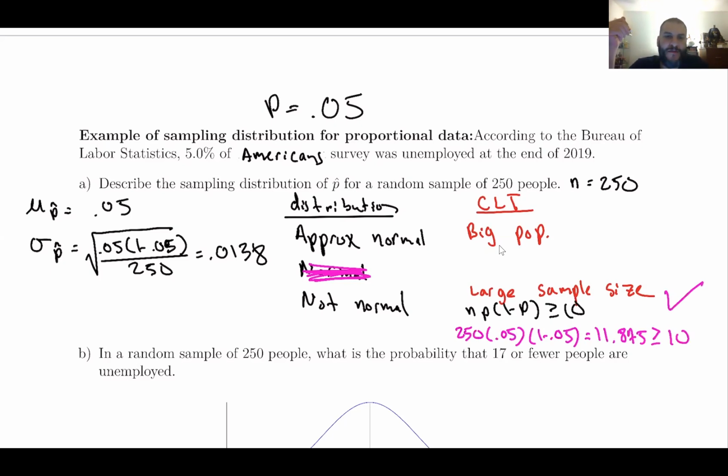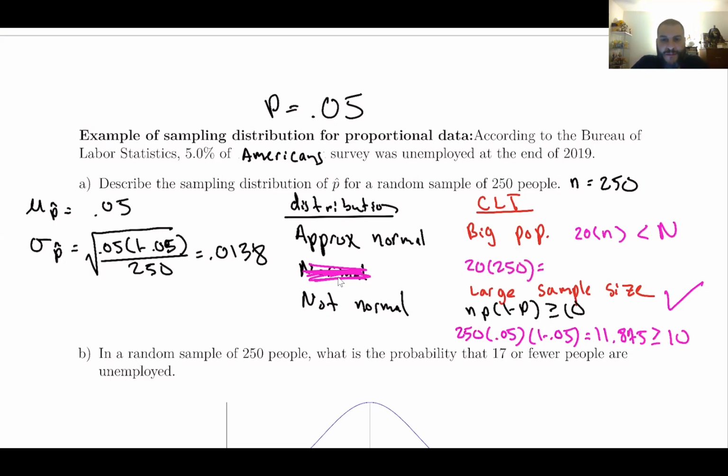Now we have to check if we have a big population. If you remember, for a big population, you take 20 multiplied by n, and this should be bigger than your population size. So we do 20 multiplied by n, which is 250.